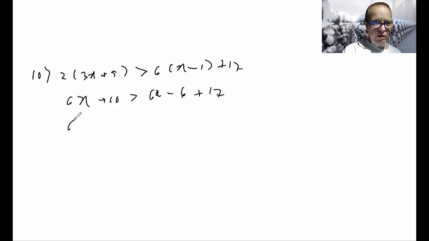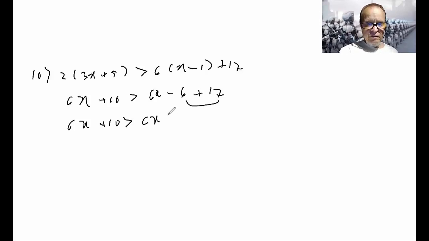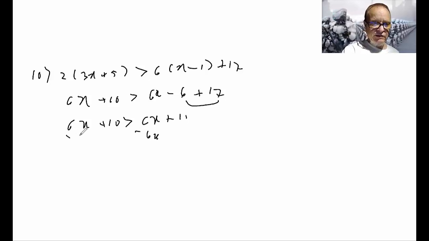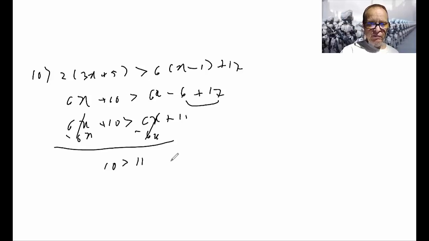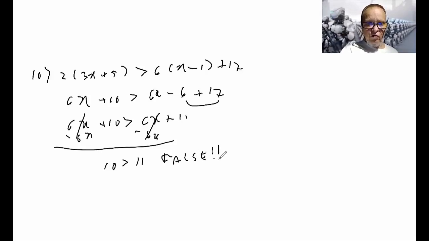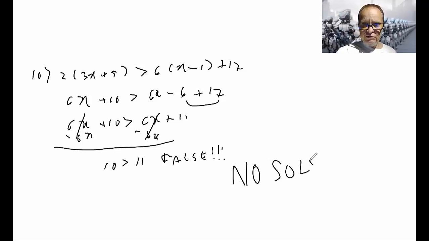And then we'll combine these two, 6x plus 11. And here again, the 6x's cancel out, and we get 10 is greater than 11. But this is false. And this is always false. So that means there are no solutions.